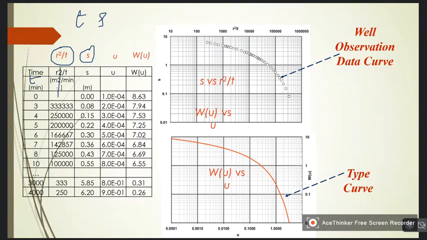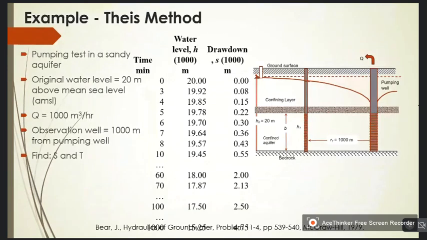Is this clear? Sir, what is R, sir? R is the distance of the observation well from the pumping well. Okay, sir. 1000 meter.